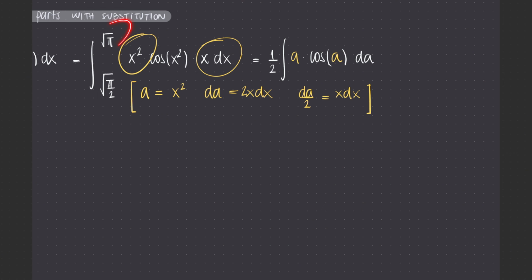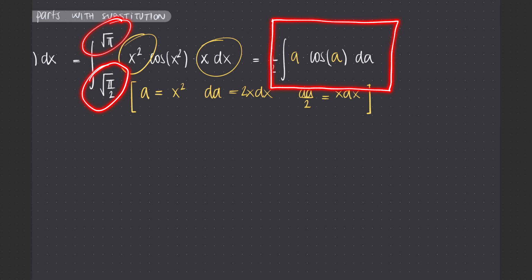Now, if you don't want to replace the upper and the lower bounds, that's fine. You can just carry this integral as an indefinite one and then go back to the original variable, which is x. I do personally believe that substituting the upper and the lower bounds at the same time that you do the substitution is better.